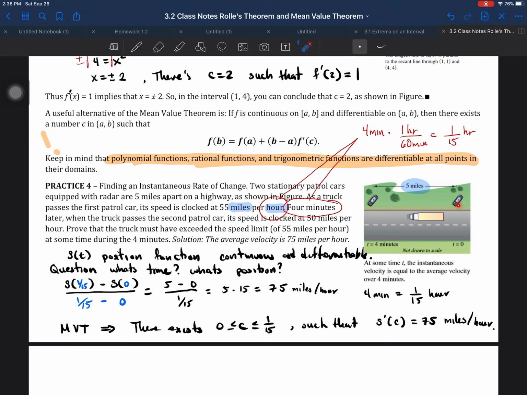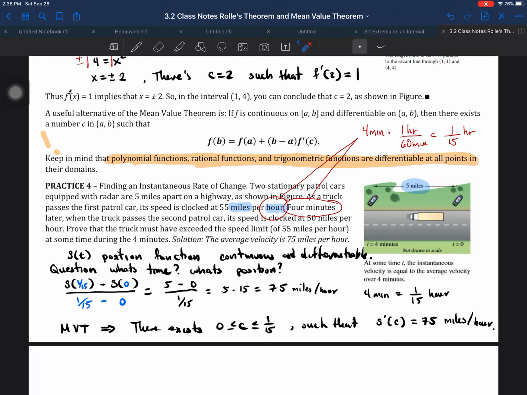Assuming this is time 0, you have driven 5 miles, so that's your position. The position at time 0 is 0. On the denominator, we have 1/15 minus 0, which is 1/15. 5 over 1/15 is the same as 5 times the reciprocal of the denominator, which is 5 times 15, which equals 75 miles per hour.